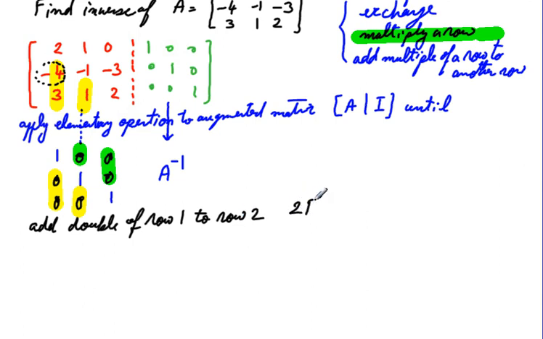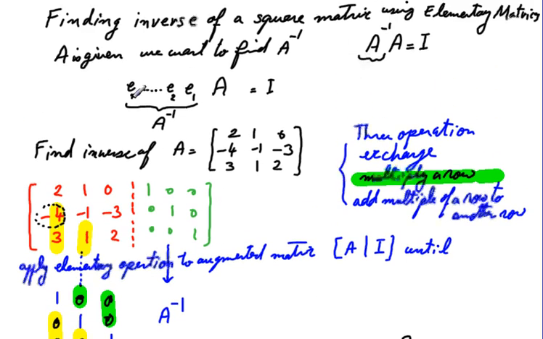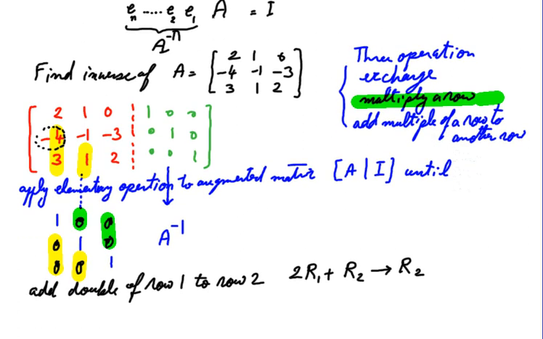We say 2R1 plus R2 is going to be our new R2. The only thing that you need to pay attention to is that you have to do it to the entire augmented matrix, because we said these operations that you are applying, you want to apply them to the identity as well, so that the accumulated effect of all of them is going to create the A inverse for you. So it isn't just this red one, but also you apply it to this green one on this side.